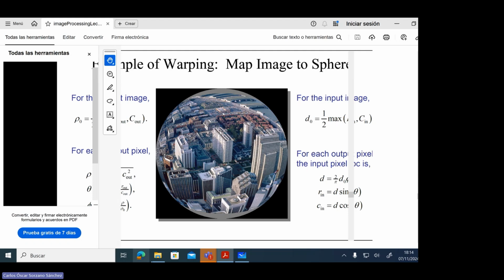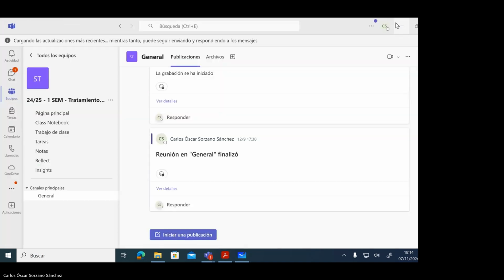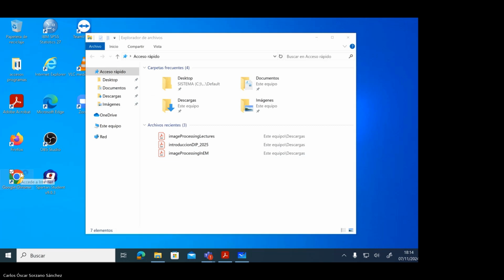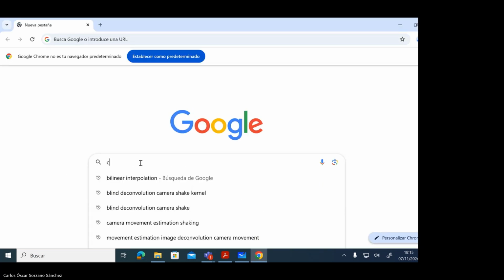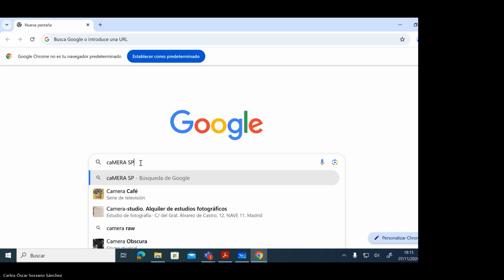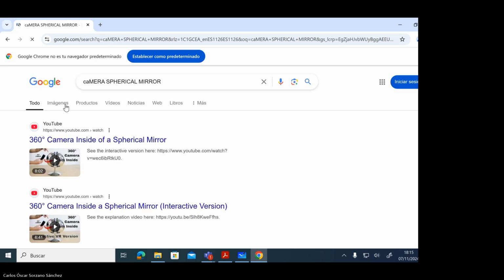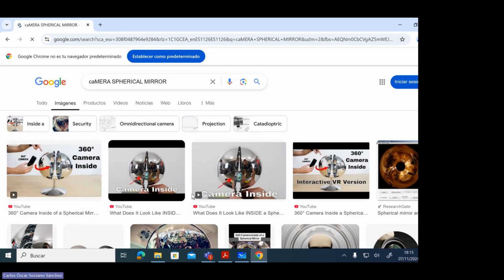There are some cameras in which, let's say, you want to have a kind of 360 degrees camera.